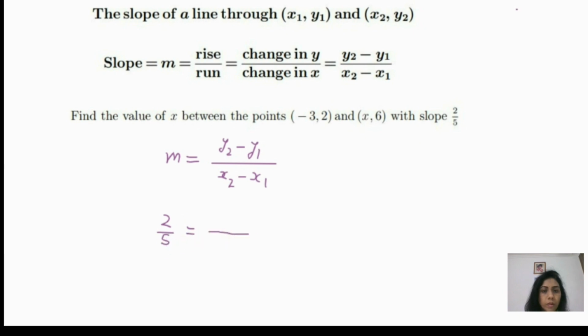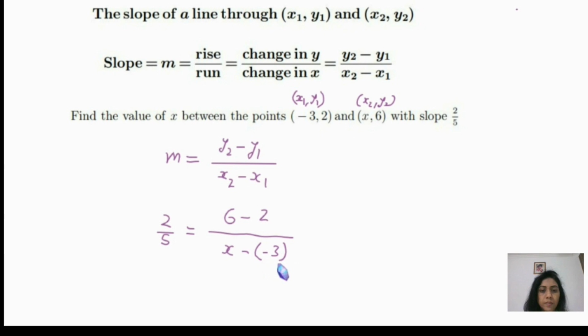Okay, this we can say is x1, y1, and let this be x2, y2. So what is the y2 value? 6 minus y1 value 2, x2 value x minus x1 value minus 3.